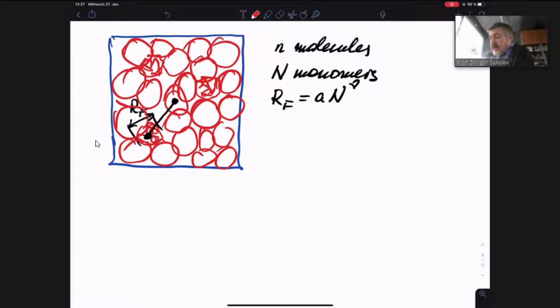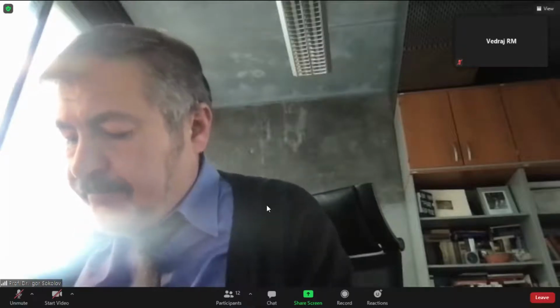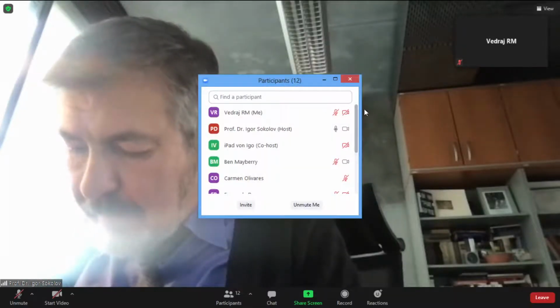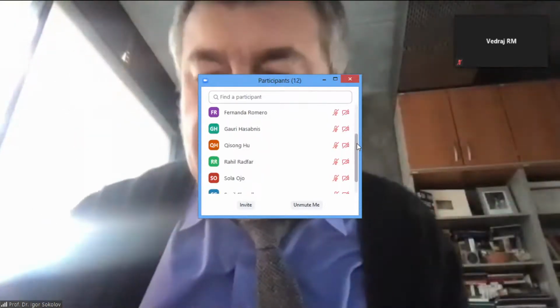A concentrated solution is the case when there are so many molecules, monomers, that they are practically everywhere. Now, just a second. Let's go back to my script.